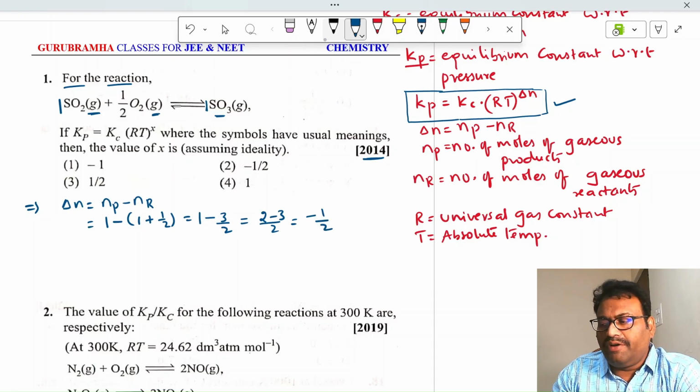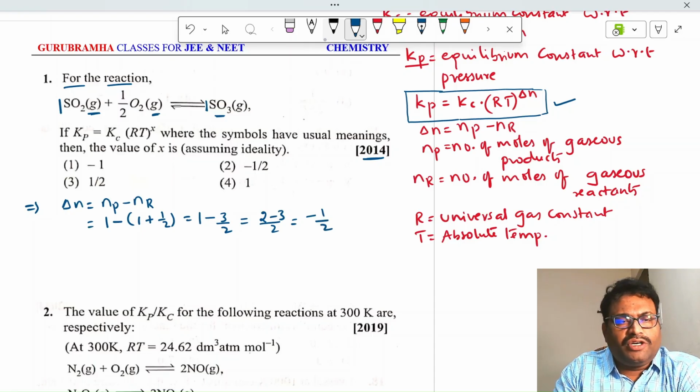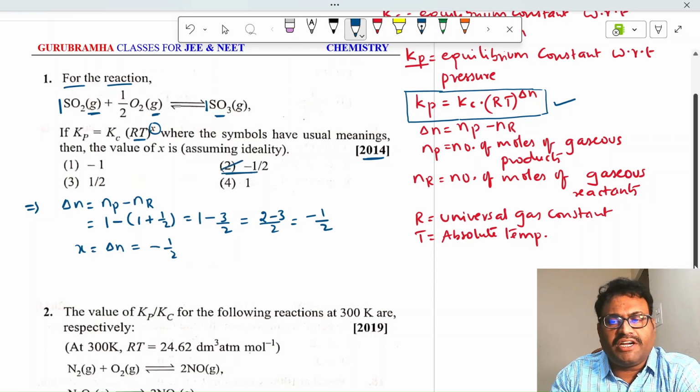Here they are asking Kp is equal to Kc into RT power x. Now x is equal to delta N. Delta N we have calculated as minus 1 by 2. So the answer will be minus 1 by 2, so the option will be the second option, right?